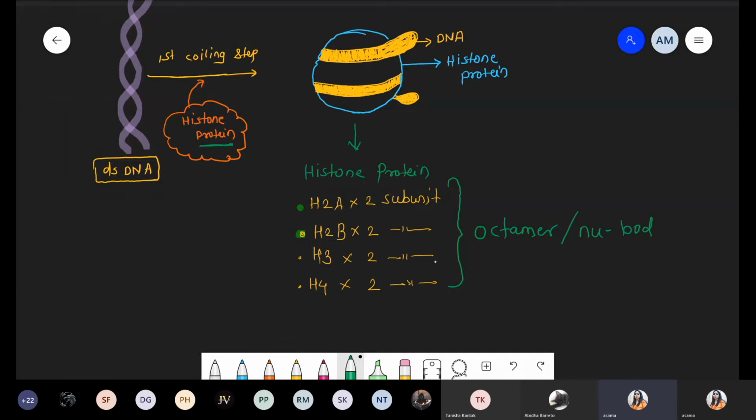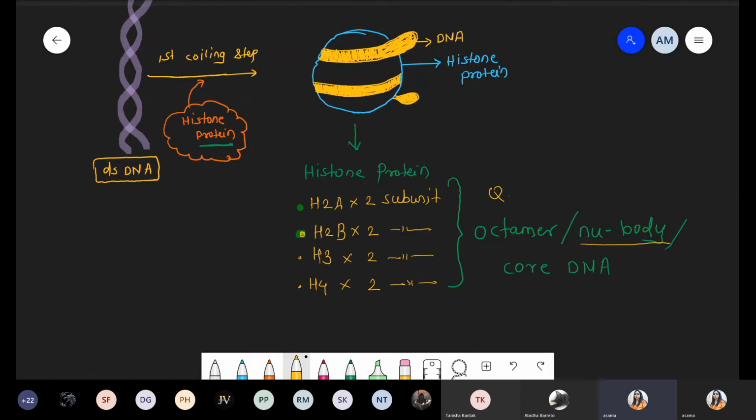and such an octamer is also called the core DNA. So one question: when we use the word nucleosome, definitely histone proteins are present in octamer form. Octamer means what?